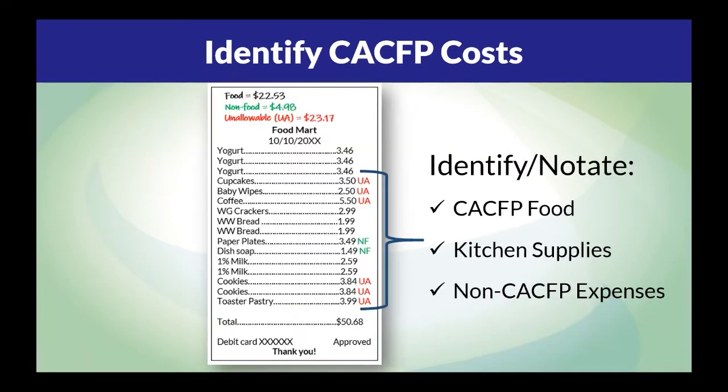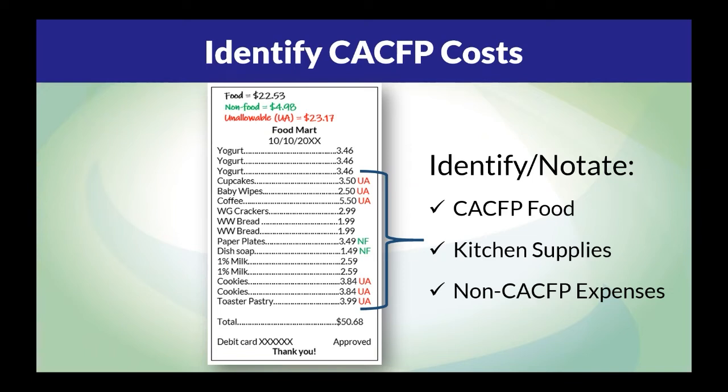If receipts include CACFP food, non-food kitchen supplies, and/or other non-CACFP costs, you must identify these items on the receipts and invoices. For example, an F equals food, an NF would be non-food or kitchen supplies, and indicating UA would be unallowable cost.